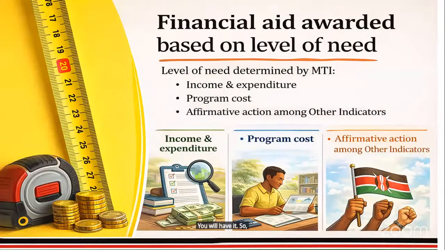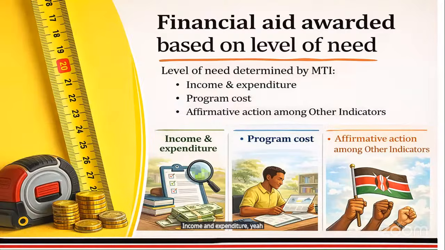So how do we really give you these loans? What really happens? We check your level of need, how well off you are financially, depending on what you fed into the system while doing the application. Number one, we check income and expenditure.